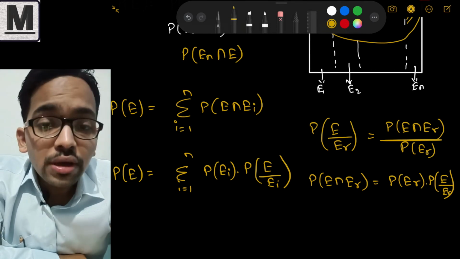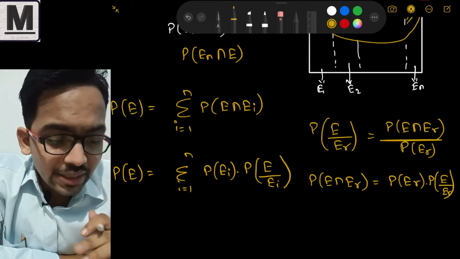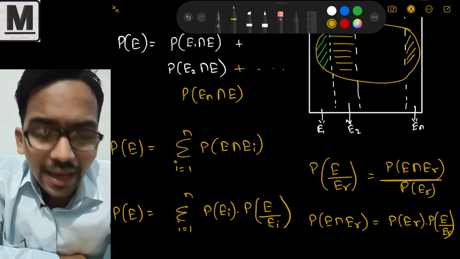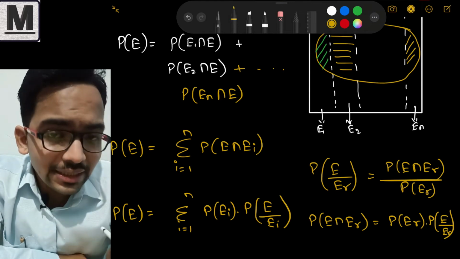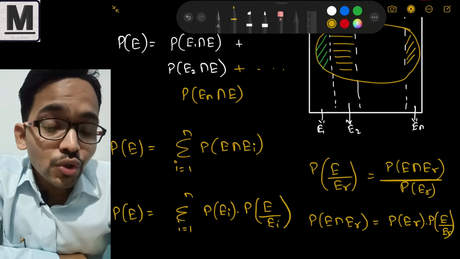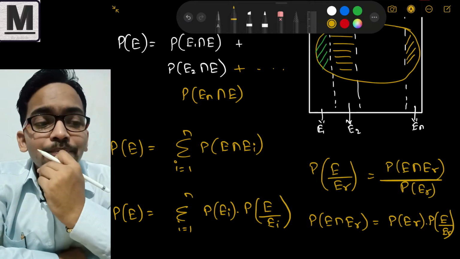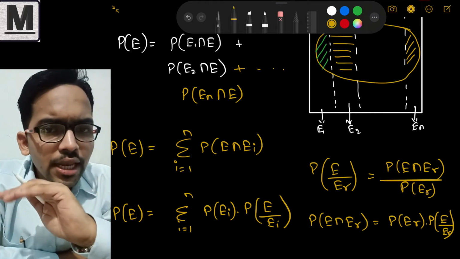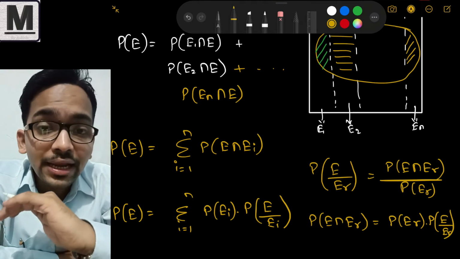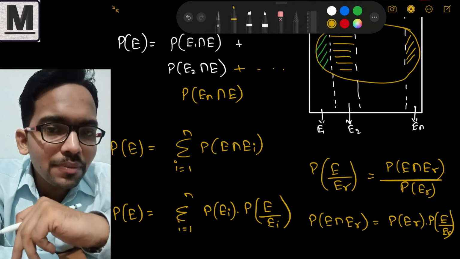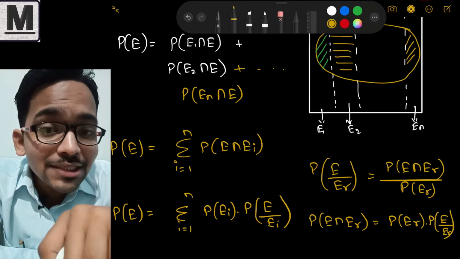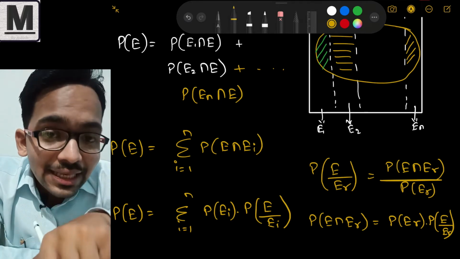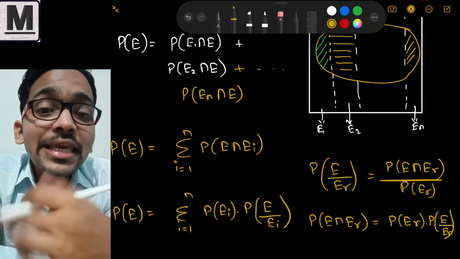Now what is Bayes theorem? Since you know that event E occurs by means of E1, E2, E3, up to En, if I ask you a question: say event E has occurred, and I ask you what is the probability that event E has occurred because of E2, or because of Ek.